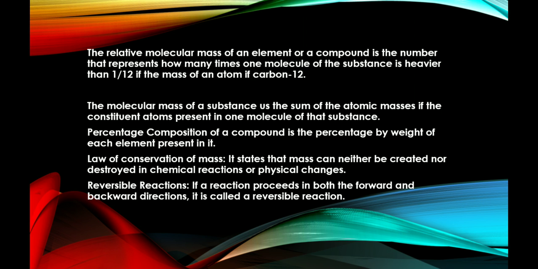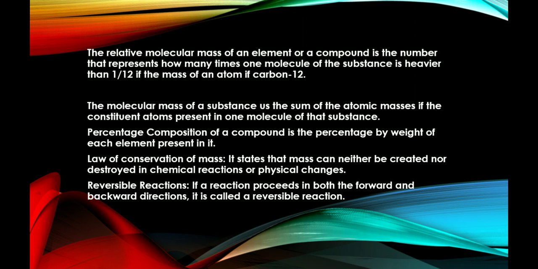The relative molecular mass of an element or a compound is the number that represents how many times one molecule of the substance is heavier than 1/12 of the mass of an atom of carbon 12.